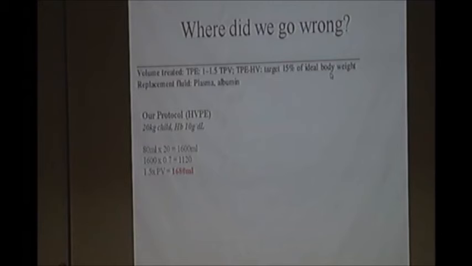Now, if you see our protocol that we followed, for a 20 kg child with hemoglobin of 10, if we do 1.5 times the plasma volume, it will work out to be something like 1680 ml. Now, if we do the ideal HVP protocol, that is 15% of body weight, that will amount to around 3000 ml. So, that is almost double.